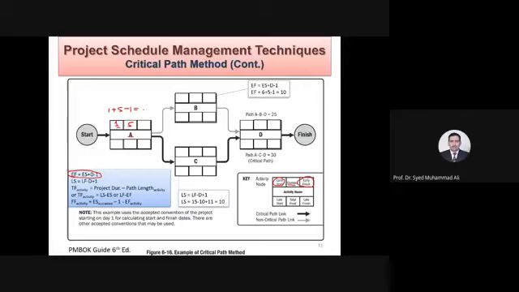Noman? 5. Noman, 5. So now we know 1 is the day 1. 5 is not the day 5, this 5, the middle 5, is the duration, how much time it will take. So it will be done by the end of day 5. Day 5 of the project, activity A will end.